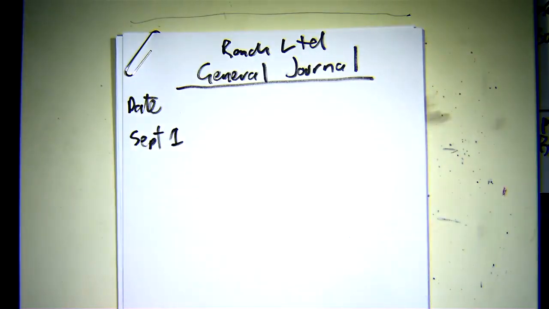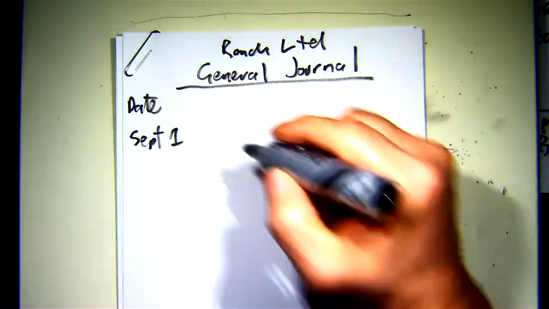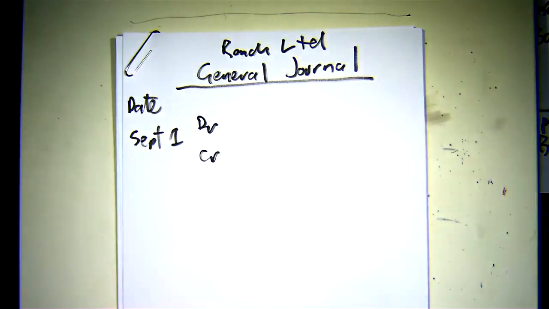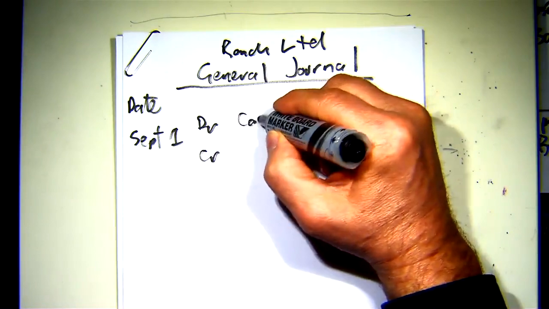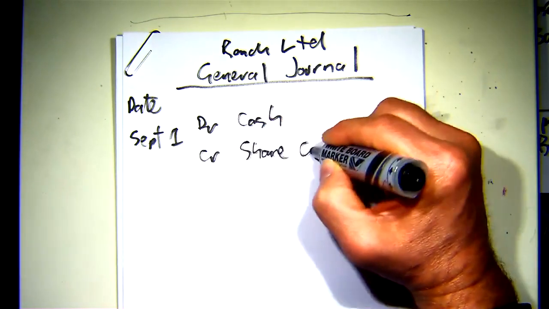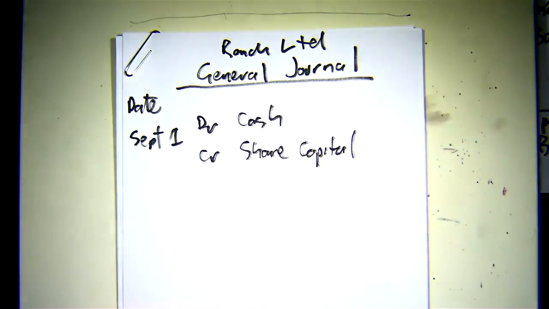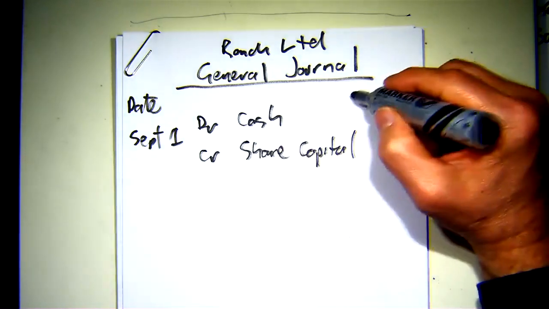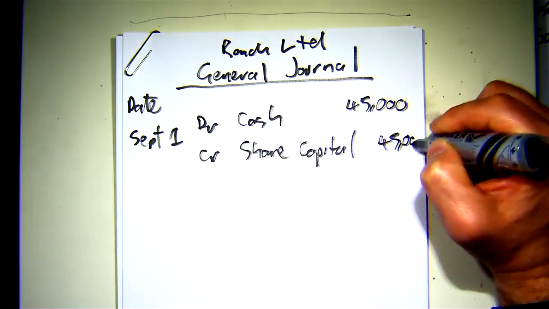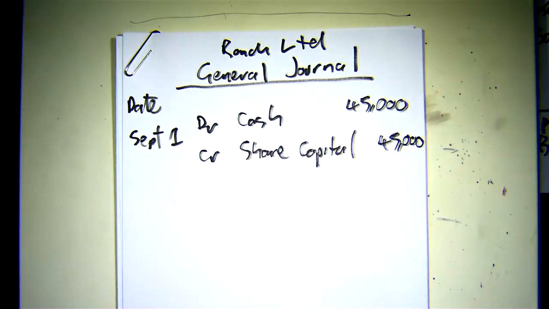I'm going to do my formatting because I can, and I prefer to write the debits and credits here. So we have a debit of cash and a credit of share capital, and we've got 45,000 there.